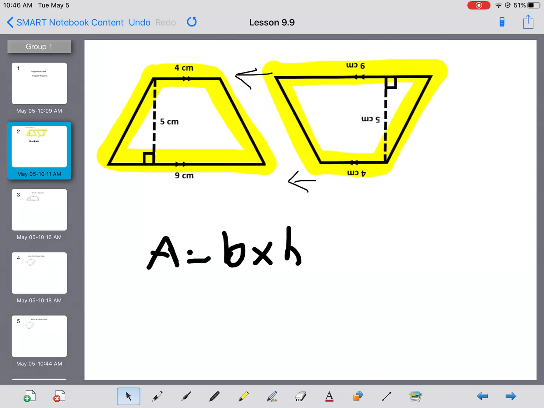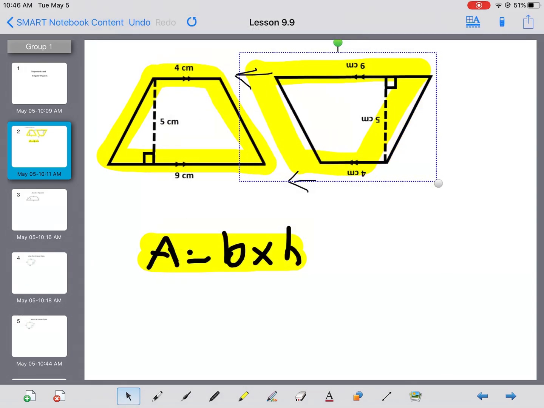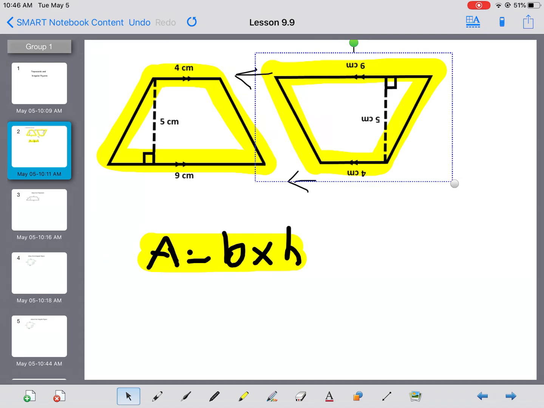Now, what we know, like I said before, was that the formula for the area of a parallelogram is base times height. So if you think about that carefully, if I take a trapezoid, I flip one upside down, and I have two trapezoids, and those two together become a parallelogram, okay? What I know is that two trapezoids equals a parallelogram.